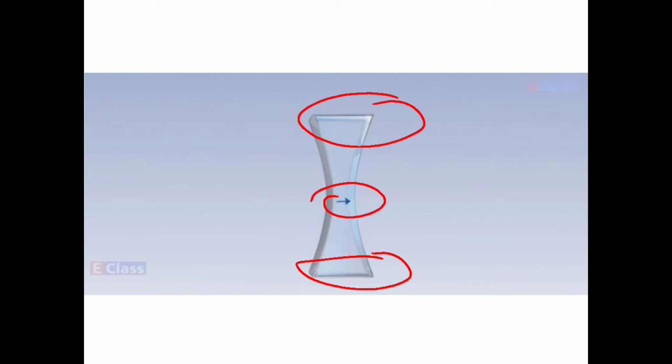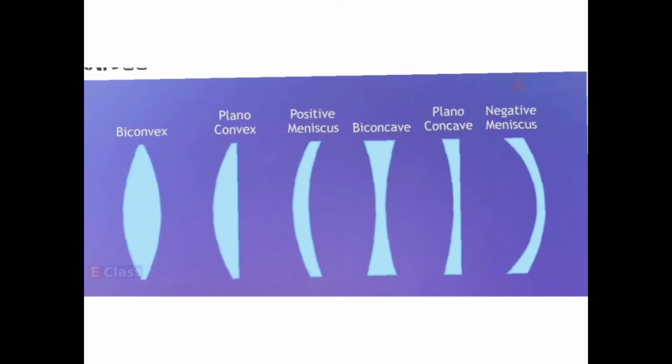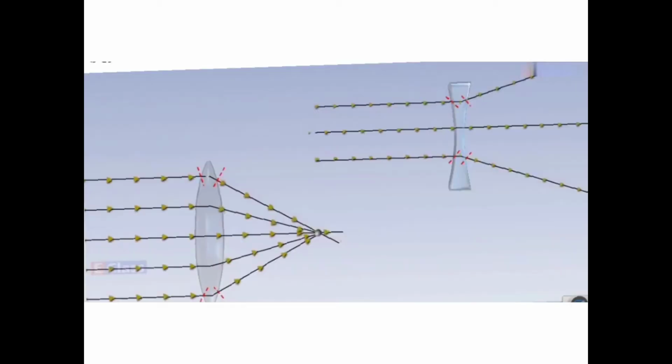We have still more varieties: biconvex, plano-convex, positive meniscus, biconcave, plano-concave, and negative meniscus. Those are the various types of lenses which are used. We'll be studying mainly the biconvex lens and the biconcave lens.